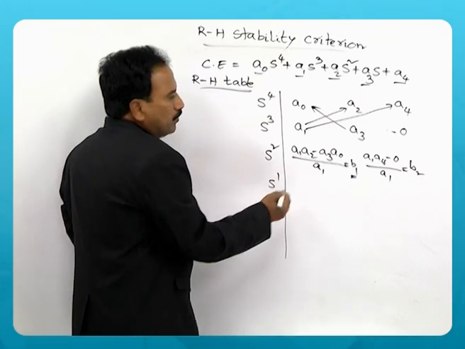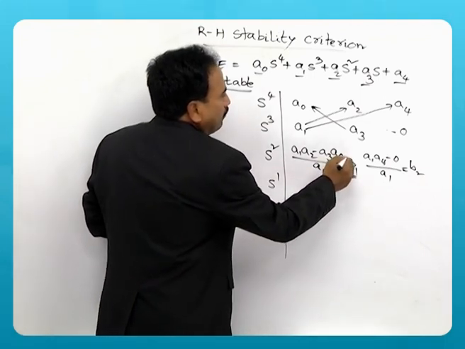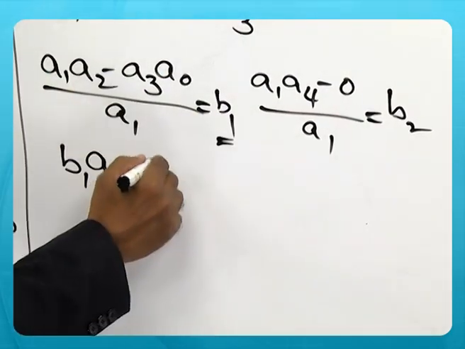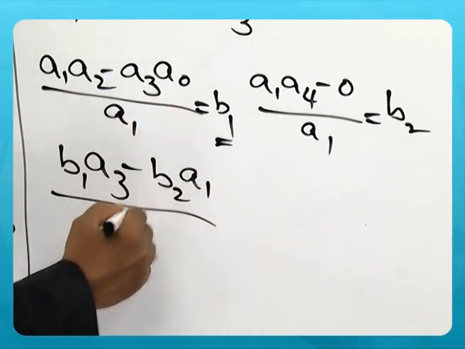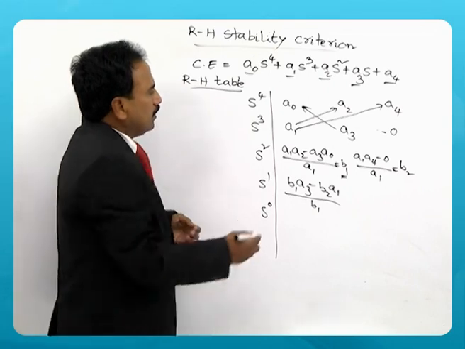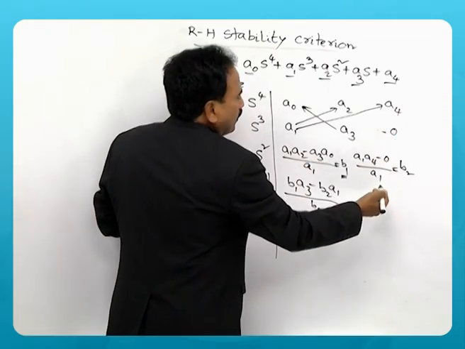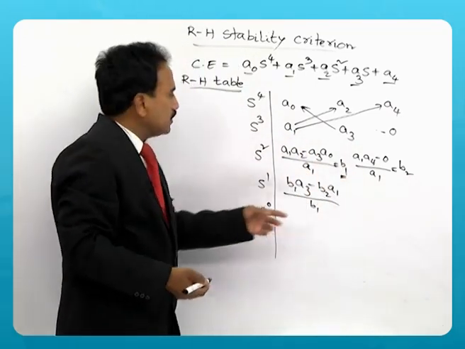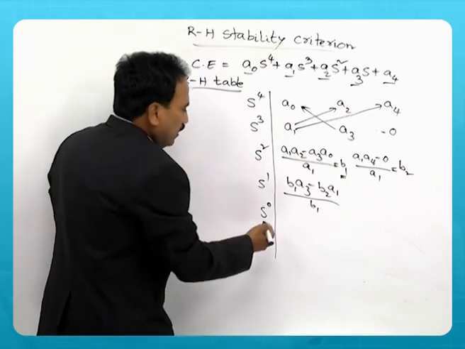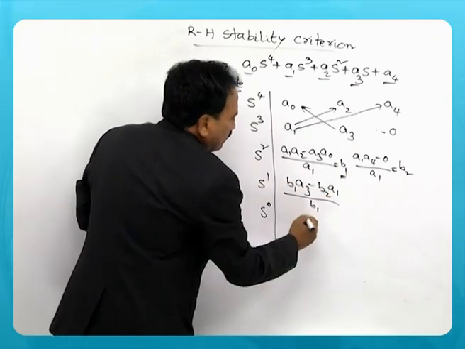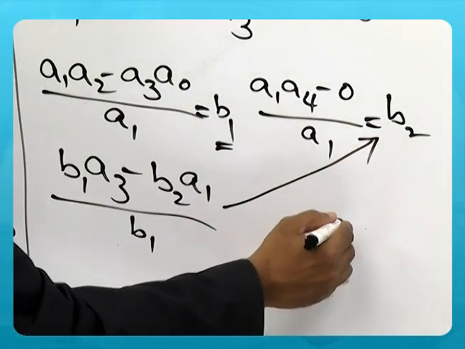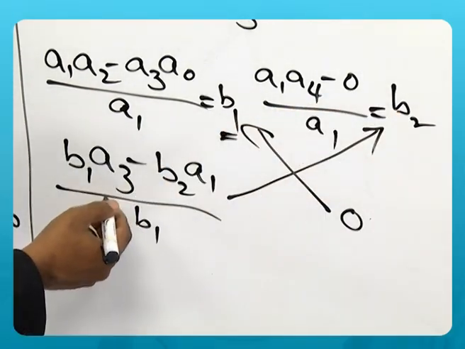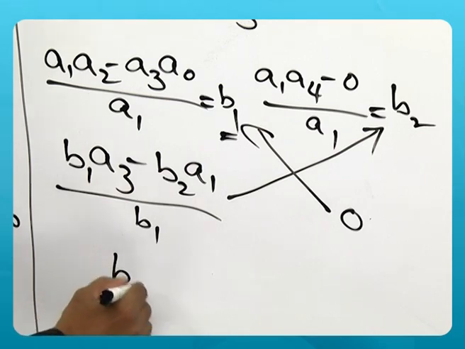Now the S power 1 row is (B1 A3 minus B2 A1) by B1, that is, B1 into A3 minus B2 into A1, divided by B1. And S power 0 is the product of these two, with nothing here, assume 0, divided by this component, so you will get B2 directly here.